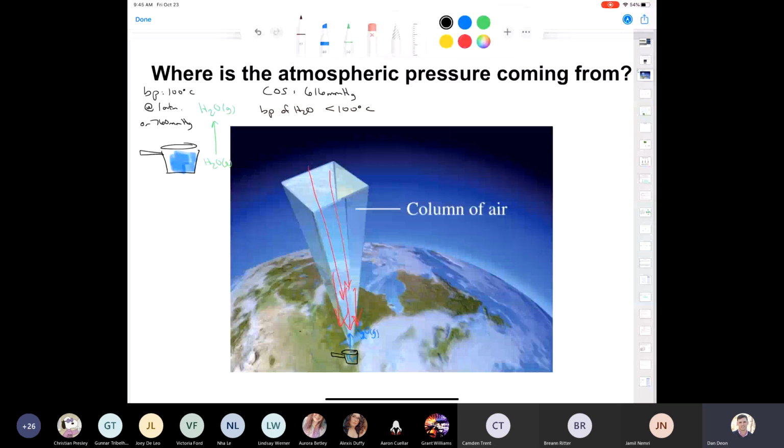Now, if you're in Colorado Springs, so I'll draw Colorado Springs. Here it is. This is Pikes Peak. Okay, here's your pot of water. So you and I are boiling some water on top of Pikes Peak. Crazy. Anyhow, now I'm going to try to draw the column of air the best I can. Is there a column of air pushing down those water molecules that we're trying to boil on top of Pikes Peak?